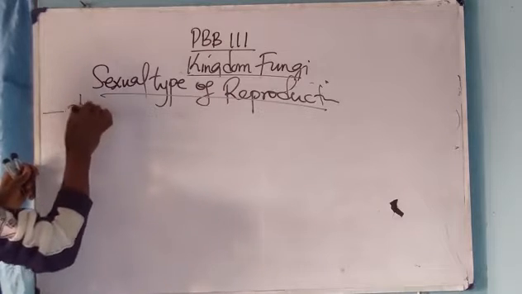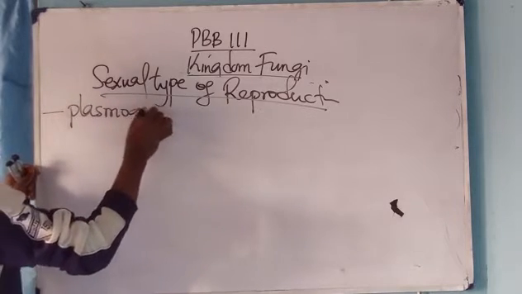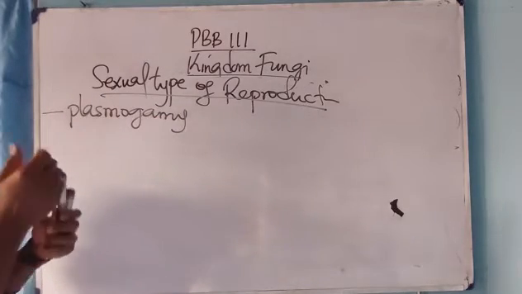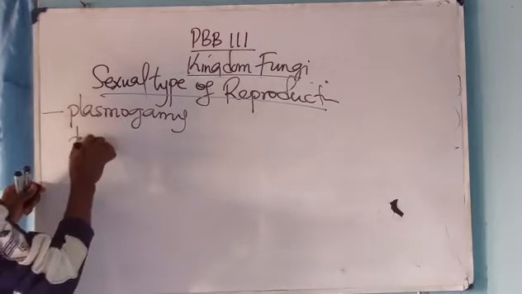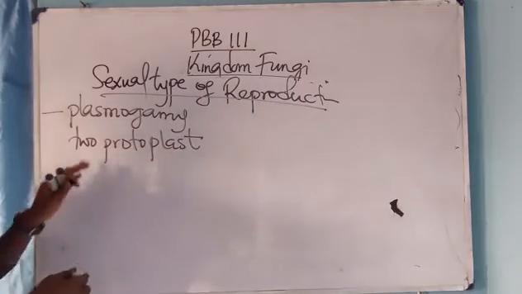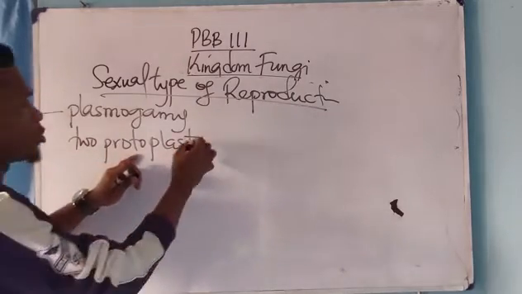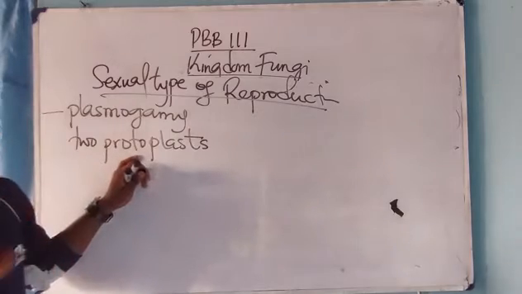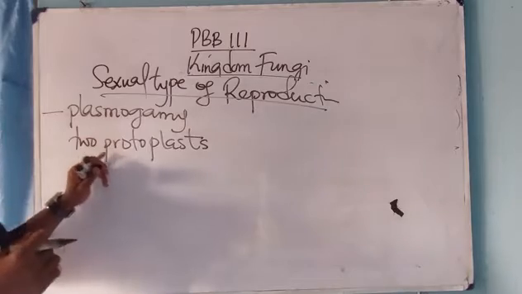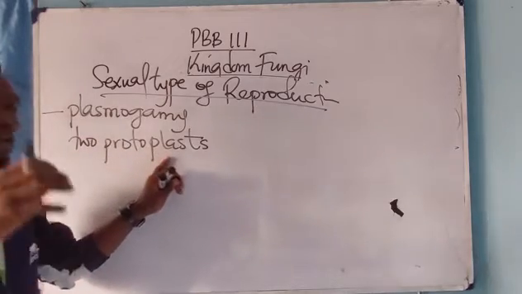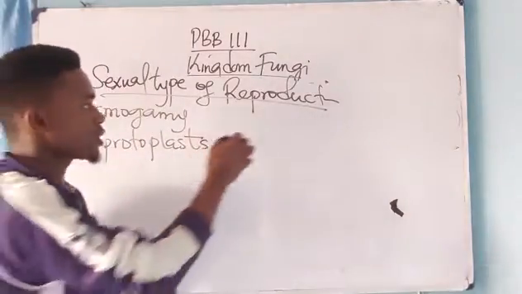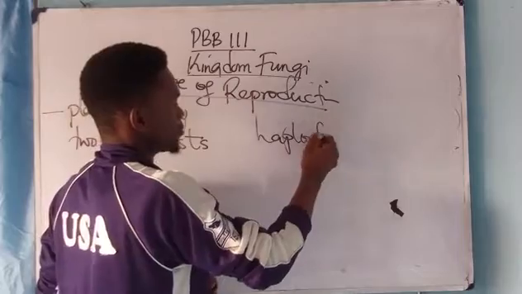We have one, plasmogamy. Plasmogamy is simply defined as the fusion of two protoplasts with or without their haploid nuclei.